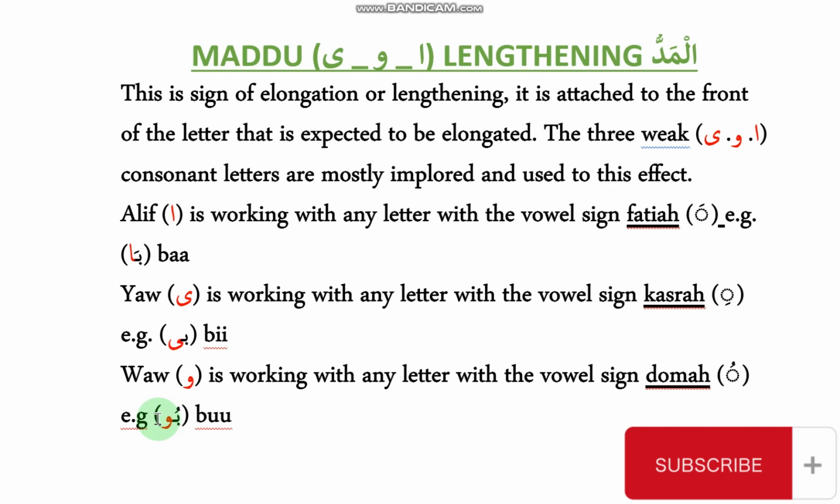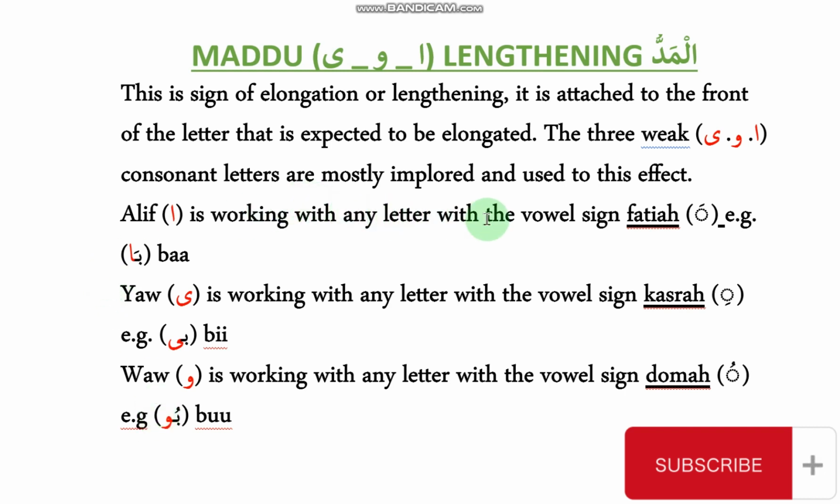And that is how you apply it to all letters that have Doma on them. Any letter that has Doma, if you want to strengthen that letter, you want to elongate it, so you add Wow Madi to it. Let me recap again.